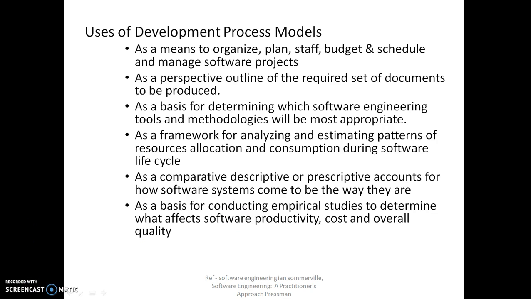Uses of development process models: as a means to organize, plan, staff, budget, schedule and manage software projects; as a prescriptive outline of the required set of documents to be produced; as a basis for determining which software engineering tools and methodologies will be most appropriate; as a framework for analyzing and estimating patterns of resource allocation and consumption during the software lifecycle; as a comparative descriptive or prescriptive account of how software systems come to be the way they are; and as a basis for conducting empirical studies to determine what affects software productivity, cost and overall quality. So this is the use of development process models.